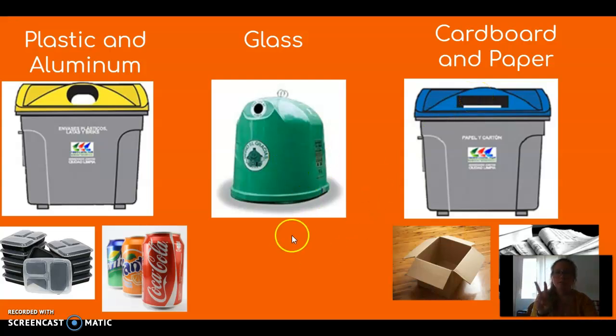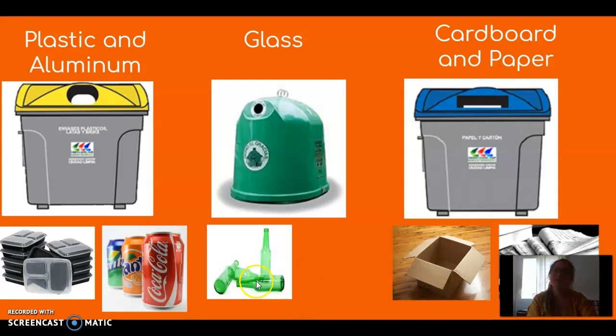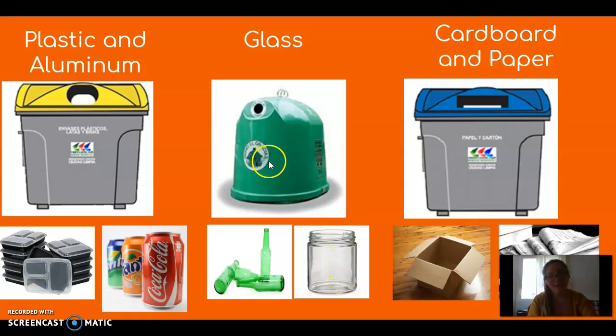There should be 2 more items that we need to place in a container. Let's see where they belong. Glass bottles belong in the green container. Glass belongs in the green container. And a glass jar also belongs in the green container.